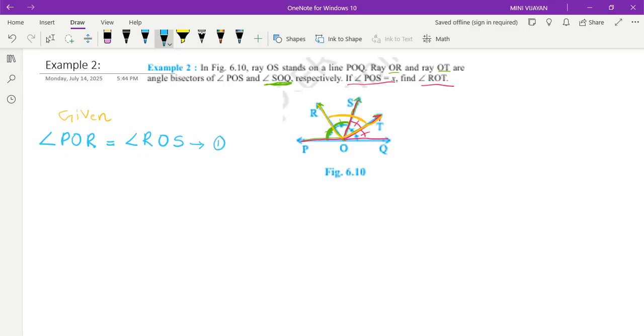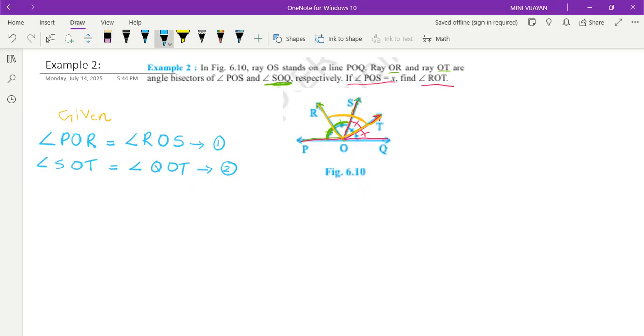Second thing, OT is the bisector of SOQ. OT is the bisector of SOQ. So from there, which of the angles are equal? We can write angle SOT, which is equal to angle QOT. That is the second condition given.